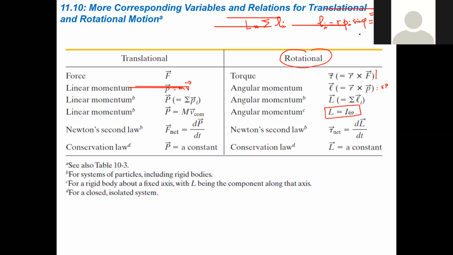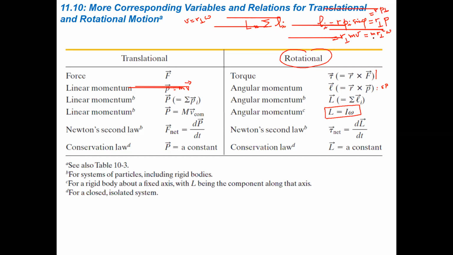So for each particle, I will use r perpendicular p, which is just r perpendicular mv. But you remember v is r perpendicular omega. So at the end of the day, I will end up with m r perpendicular squared multiplied by omega.